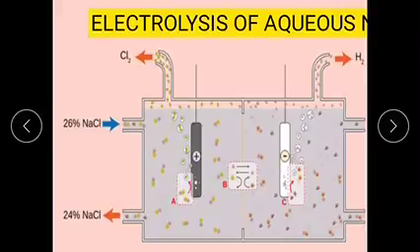The Na plus ions combine with the hydroxyl ions present in the water and produce NaOH. The Cl minus ions move towards the anode side and give Cl2 gas. The hydrogen ions move towards the cathode side and give up hydrogen gas.